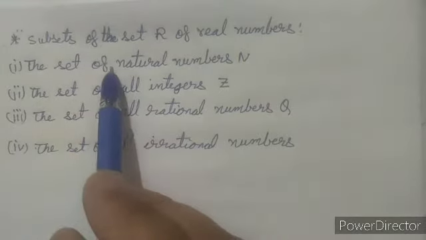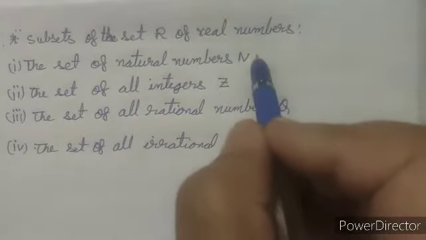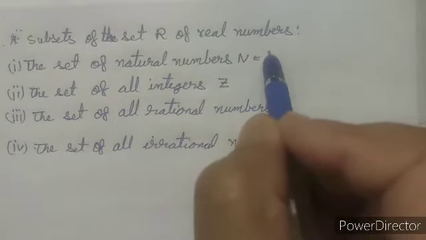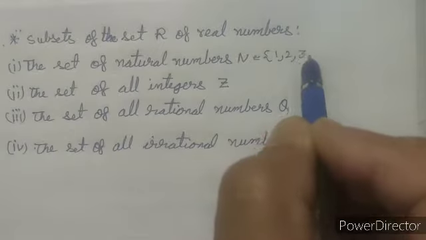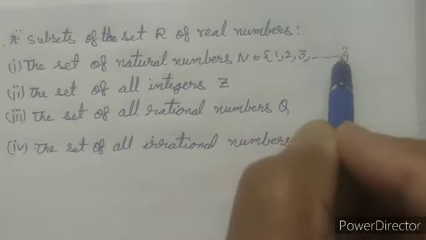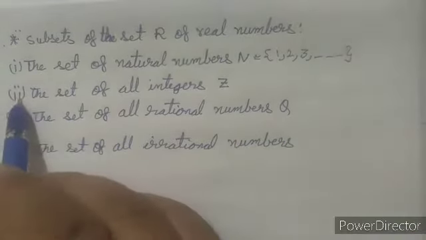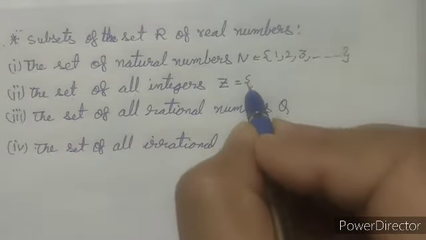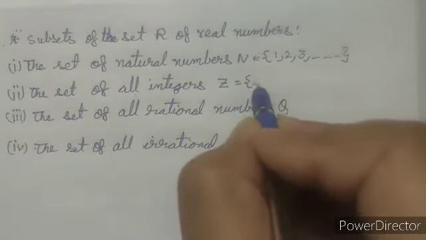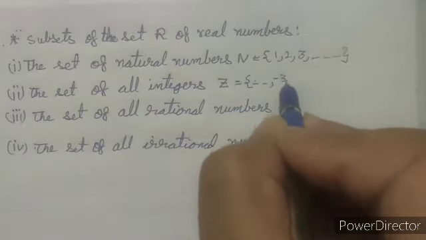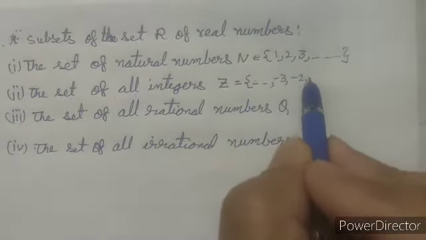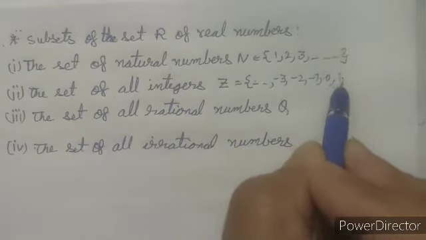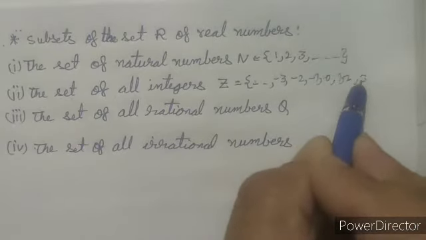First one is the set of natural numbers, denoted by N, and as we know the natural numbers are 1, 2, 3, 4 and so on up to infinity. Second one is the set of all integers, denoted by capital Z, and these will be -3, -2, -1, 0, 1, 2, 3 and so on.